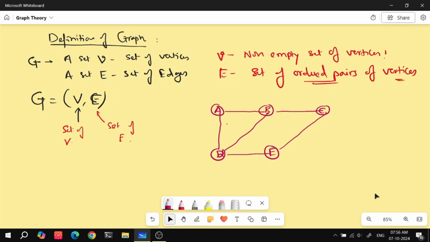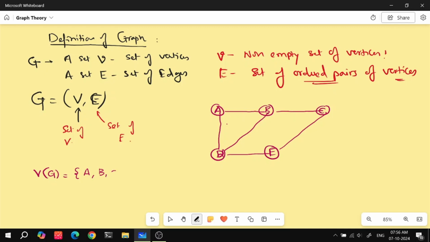Whenever you are representing this graph, you need to remember that you are going to write it as V of G is equal to. Can you tell me what the vertices of this particular graph are?